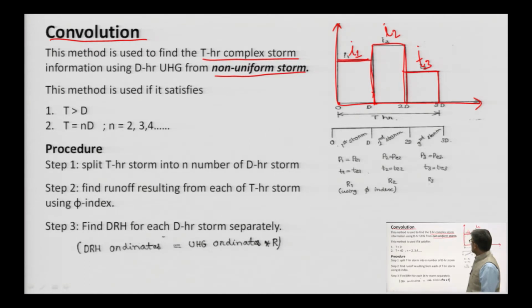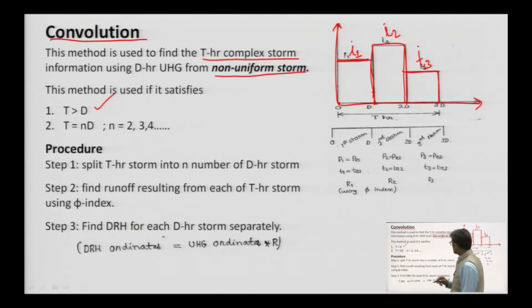So, in convolution there are two preconditions, as in the case of the method of superposition, as I told you: T should be greater than D, and T should equal N times D, where N is an integer greater than 2.